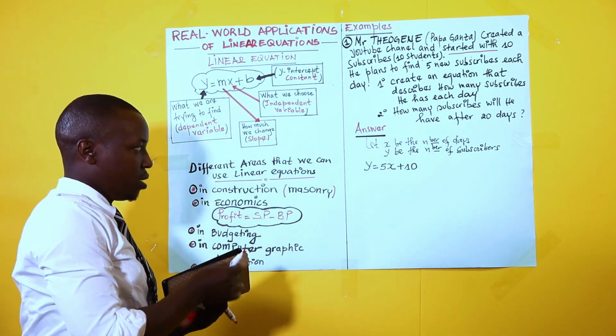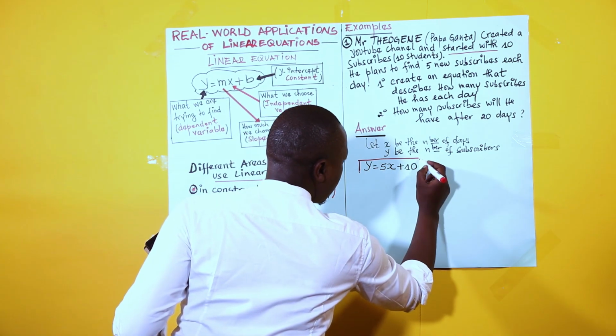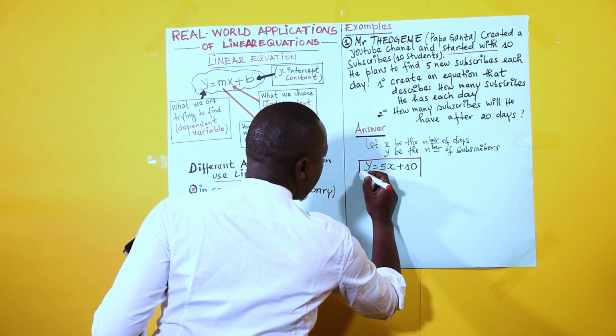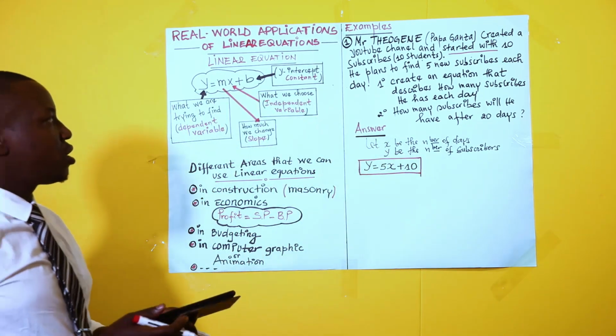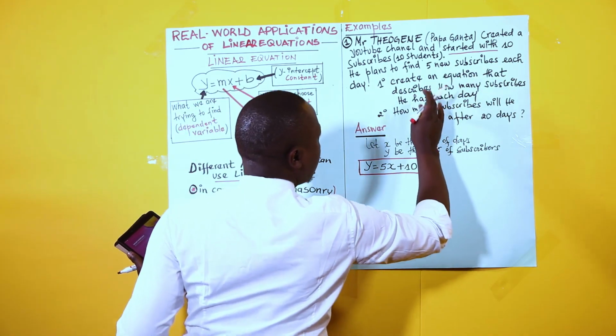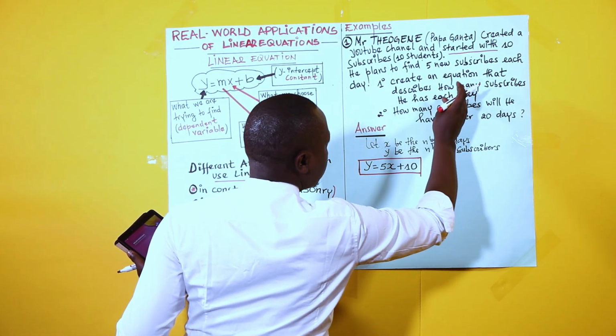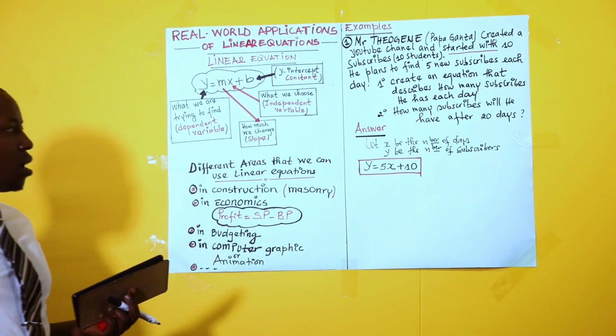So this is the equation we were looking for, because we were asked to create an equation that describes how many subscribers he has each day.